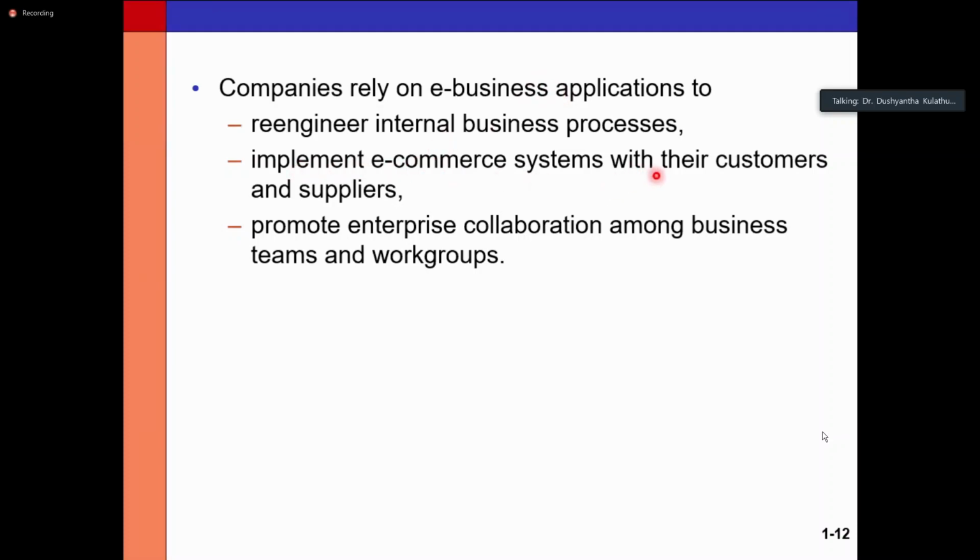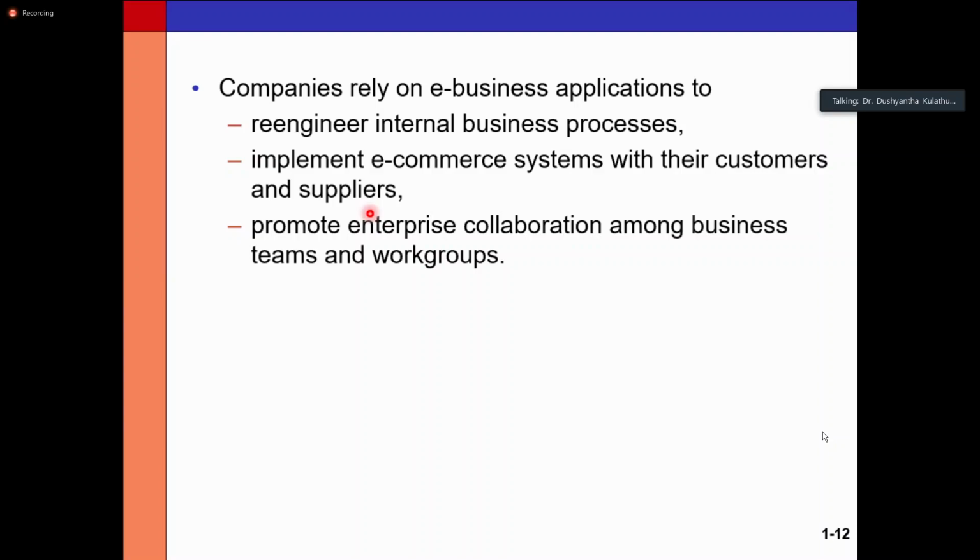Implement e-commerce systems with their customers and suppliers. By utilizing e-business applications, we can introduce e-commerce systems connecting our customers and our suppliers. We sell our products to customers, and we purchase our requirements or supplies from our suppliers.